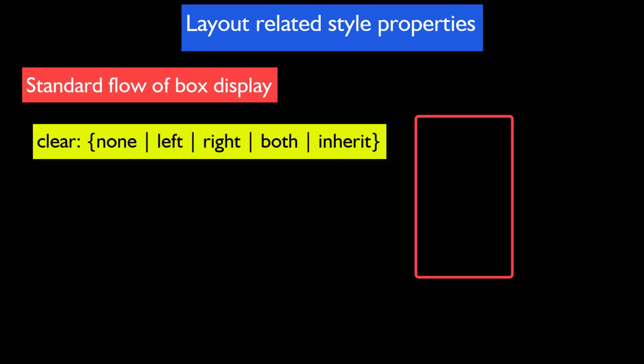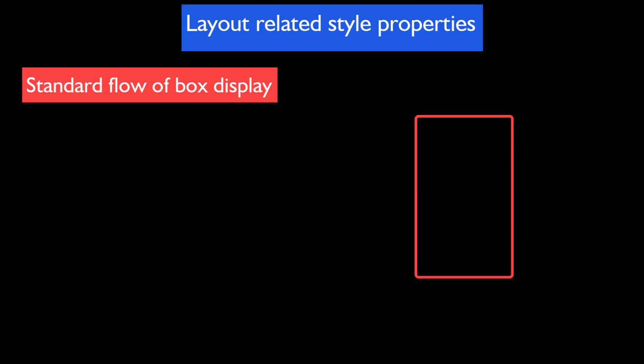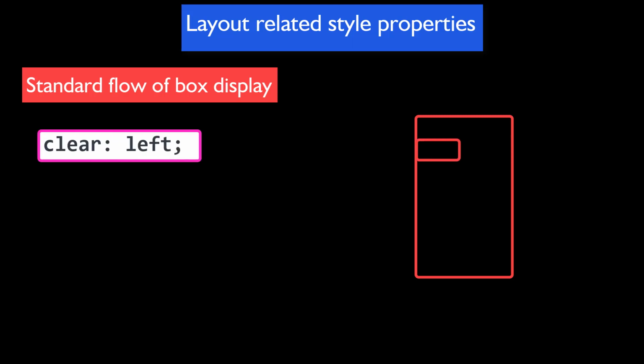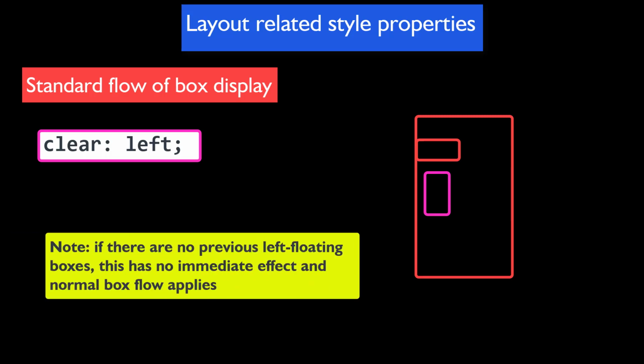A related property is clear, which can force a floated box to be placed down on the page. Clear, none, or left, or right, or both, or inherit. A clear of left requires the box's top edge to be below the bottom edge of any previous left floating boxes, so stack these boxes on the left.